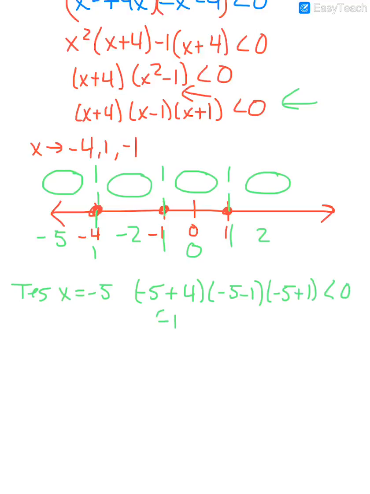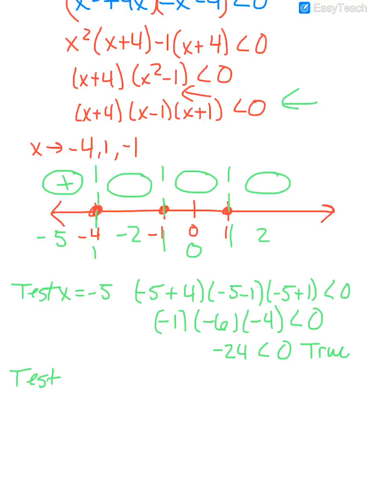So that gets me negative 1, negative 6, and negative 4. Okay? That gets me negative 24. So that indeed is less than 0, so I would say that's true. I put a little plus there, and then I test the next number.